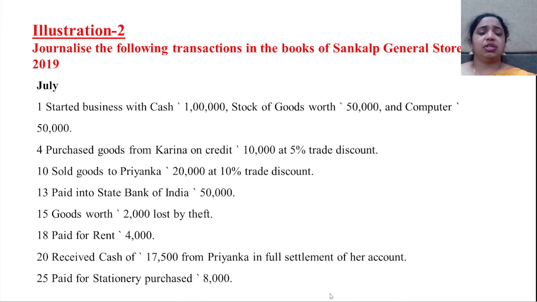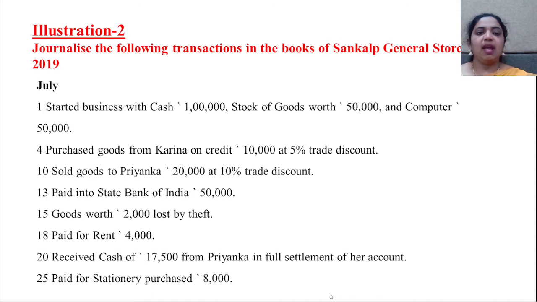Next is transaction number 3, date 10, sold goods to Priyanka rupees 20,000 at 10% TD. Next is transaction number 4, date 13, paid into State Bank of India rupees 50,000. Next is date 15, goods worth rupees 2,000 lost by theft.